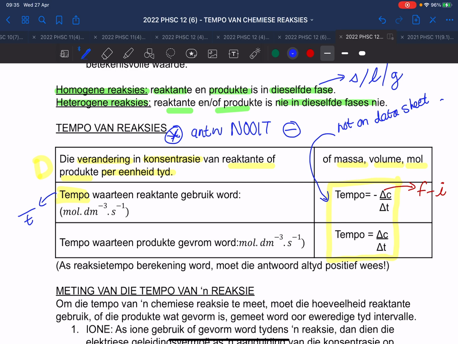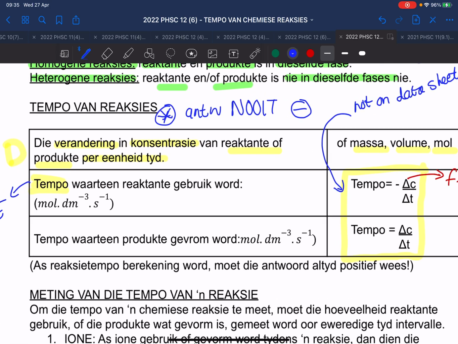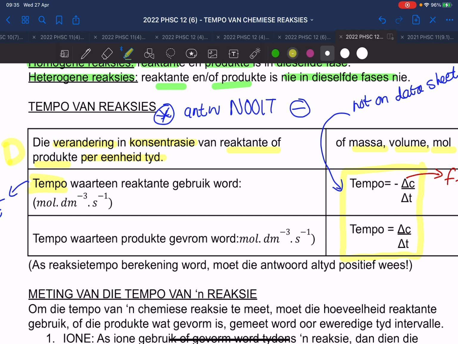Okay, and then the last thing with this calculation, die berekening, is your eenheid, your unit. Okay, that unit is not fixed. It is nie vas nie, not fixed. Okay, what do I mean with that? Dit hang af wat hulle vir jou gee.